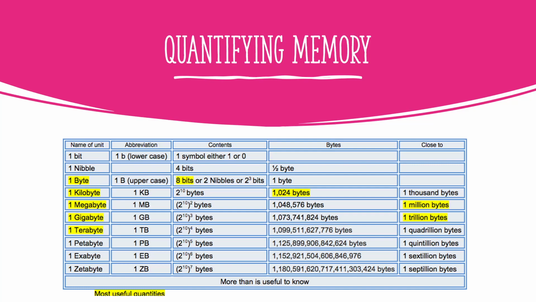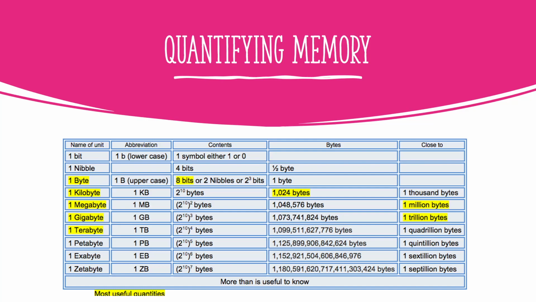Now, of course, we talk a lot about memory capacities in certain devices, laptops, computers, whatever. So when we talk about the size or the capacity of a device to store information, we refer to the byte size of that device.